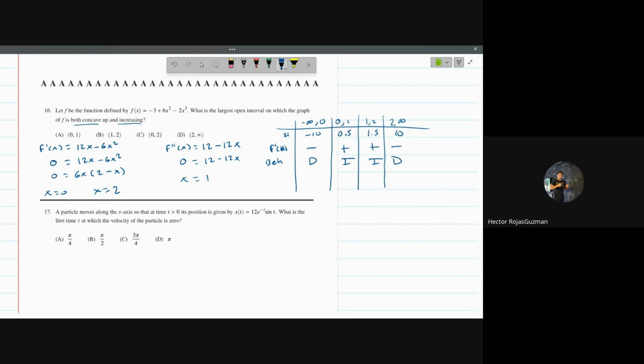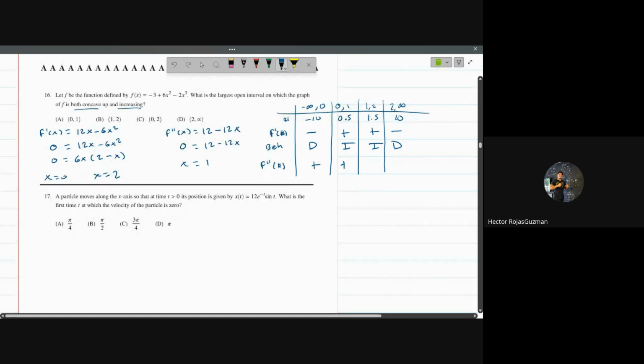Okay, but we also want to figure out which one's concave up. So I'm also going to take that number and plug it into the second derivative, which is this one. If I plug in negative 10, I get a positive. If I plug in 0.5, I get a positive.